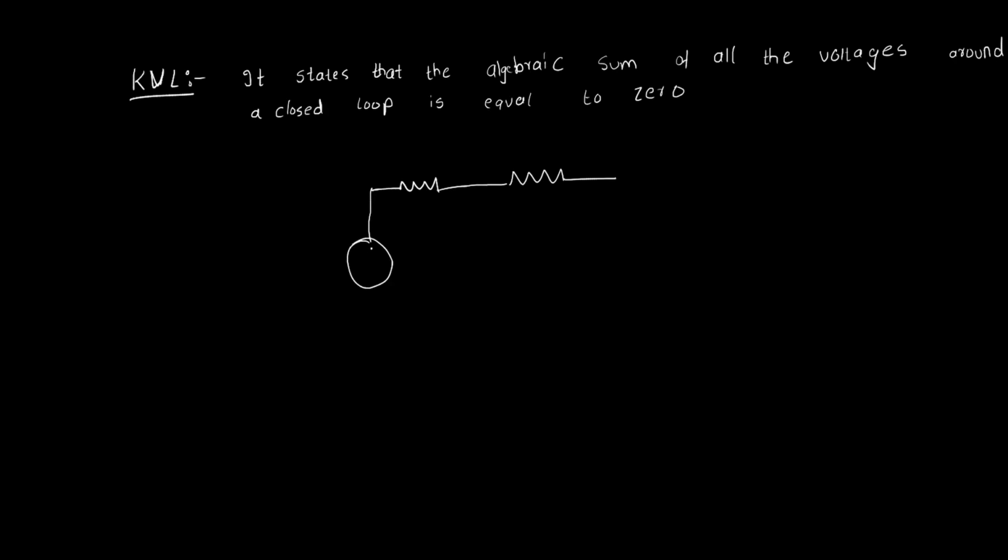A voltage source here, so this will be V4, V3. We know that resistors do have a voltage across them.